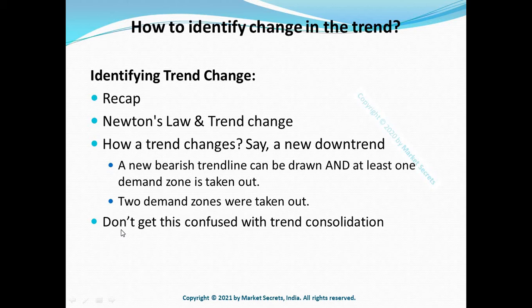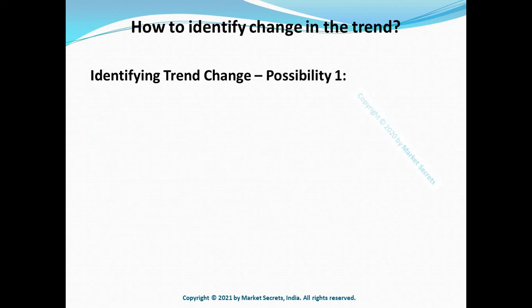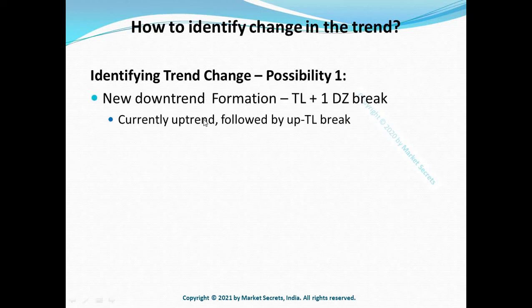There are two possibilities here as well. Let's take it one by one. Possibility number one: a new downtrend happens when a bearish trend line can be drawn and at least one demand zone is taken out. For example, consider a stock is currently in an uptrend and the price moves down sharply and the bullish trend line is broken.